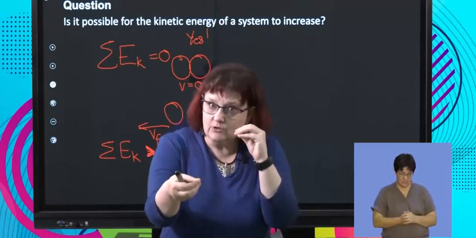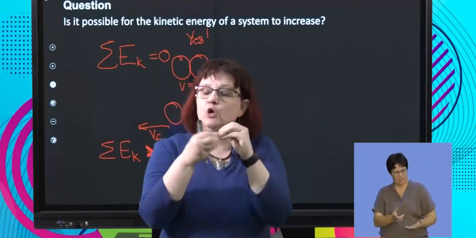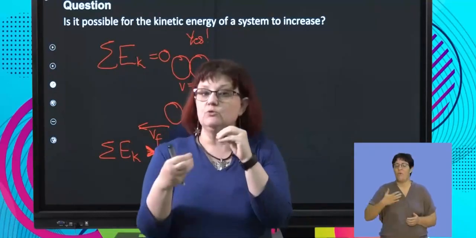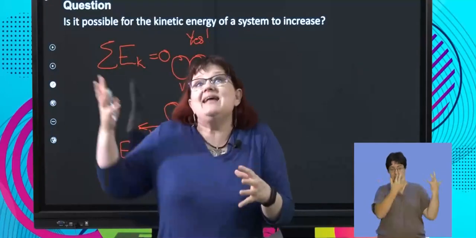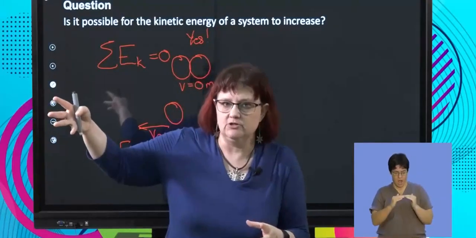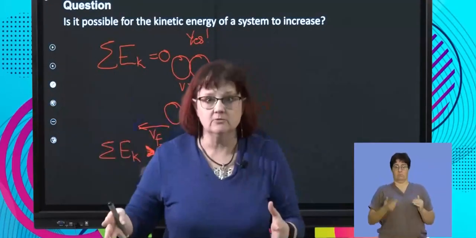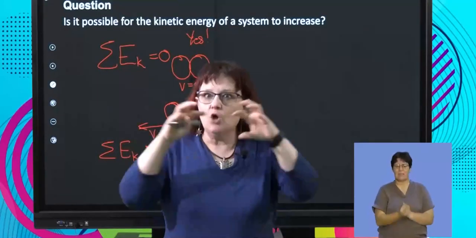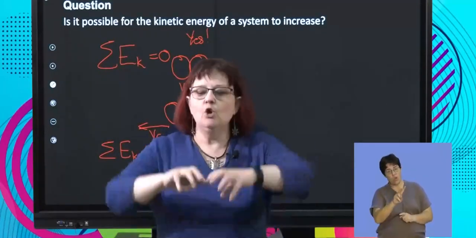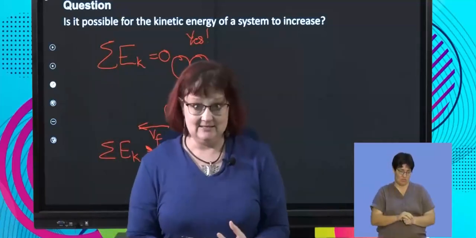Why am I telling you this? Because I don't want you to get a fright when you do a calculation and you end up increasing the kinetic energy. Because it's possible. Just look at the whole situation. Look at it in context.